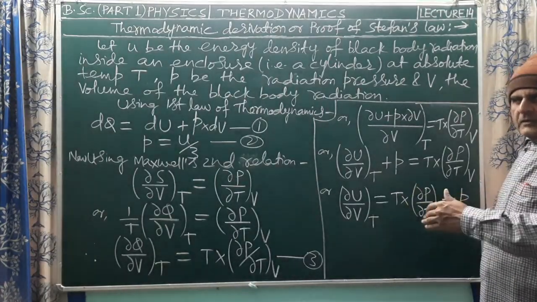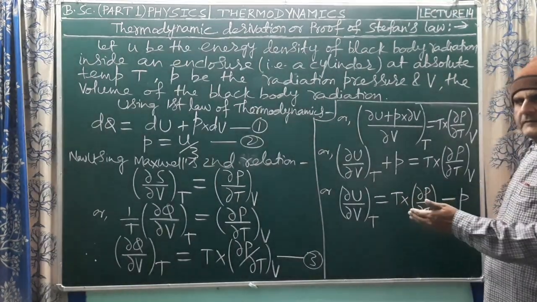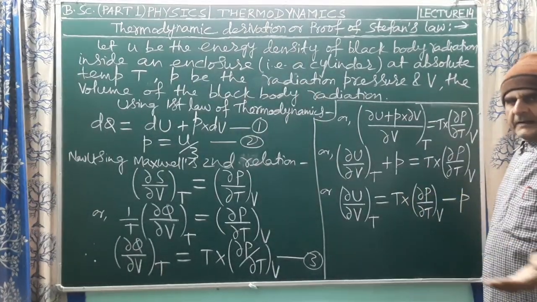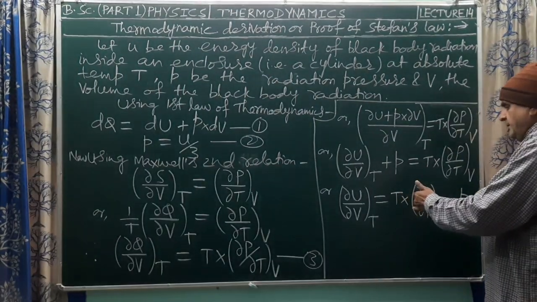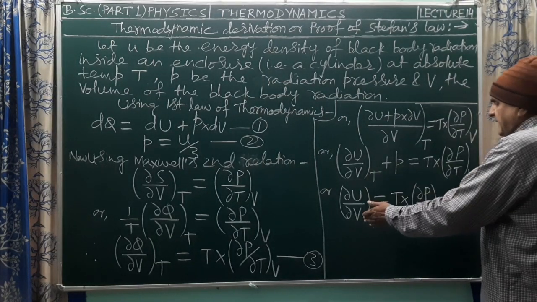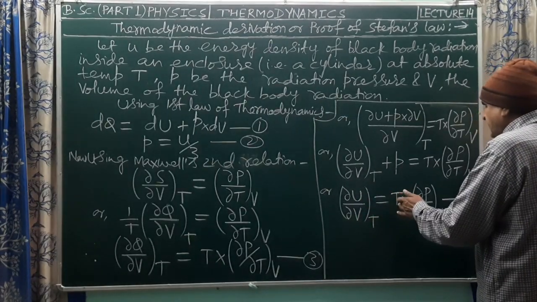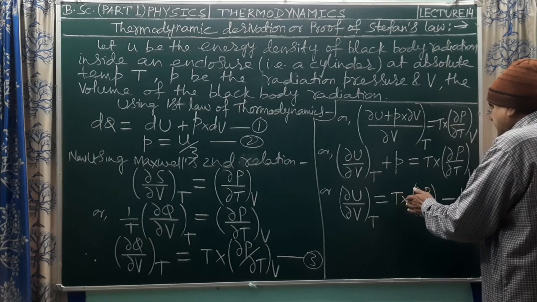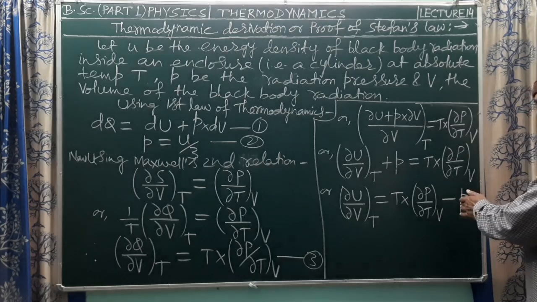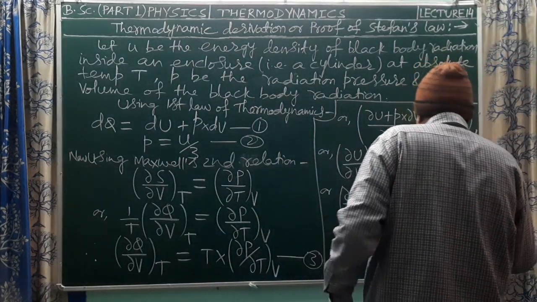Capital T is the absolute temperature of the walls of the enclosure, and since black body radiation is in thermal equilibrium with the internal walls of the enclosure, the temperature of the black body radiation will also equal capital T. So del U upon del V at constant temperature T is equal to capital T multiplied by del P upon del T at constant volume V minus P. Suppose this is equation number 4.